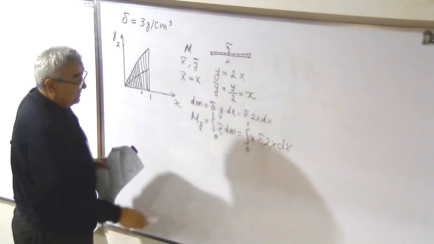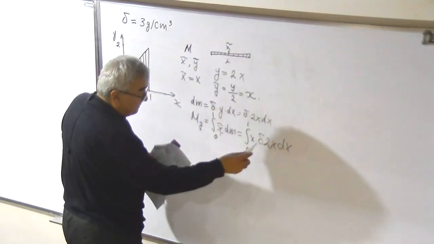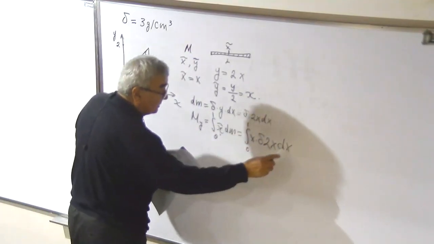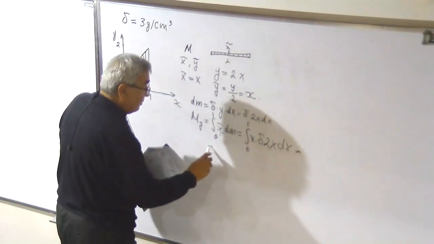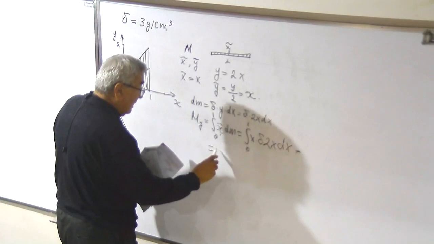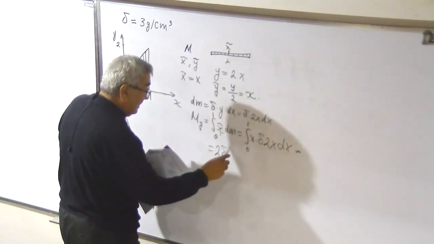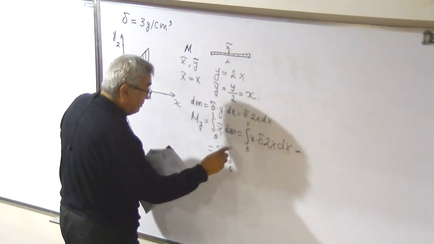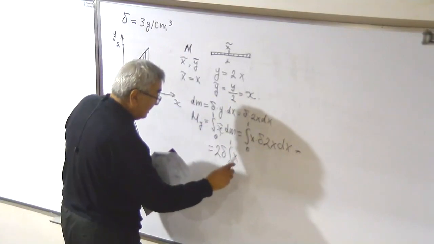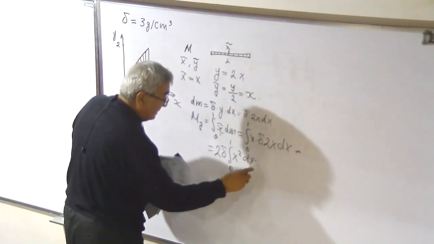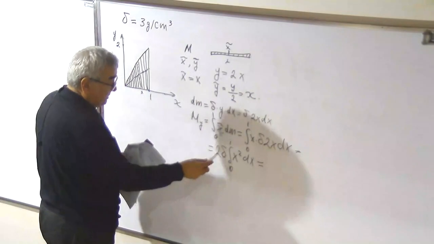That means we receive this simple integral because delta is a constant. Therefore, removing it from the integral, I receive 2 delta integral from 0 to 1. Here will be x squared dx, which is very easy to calculate.